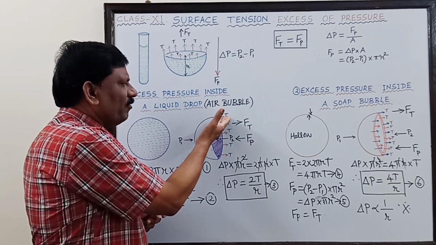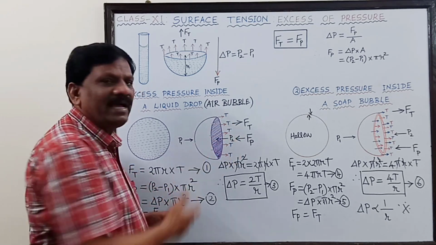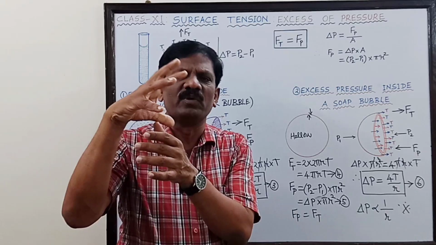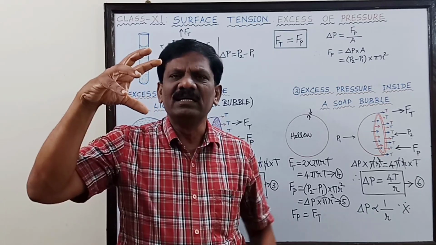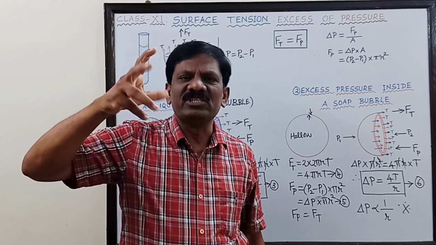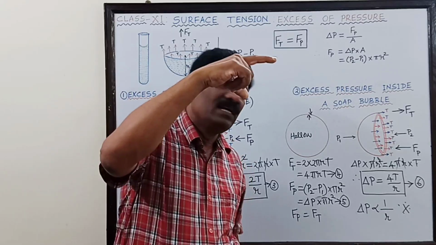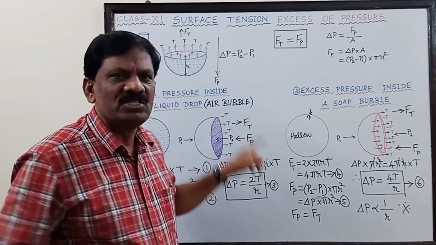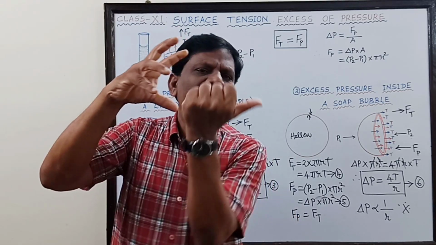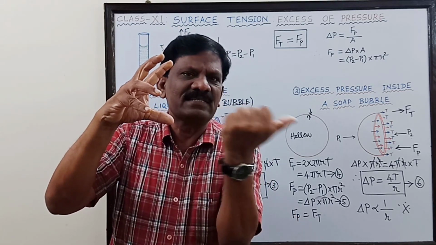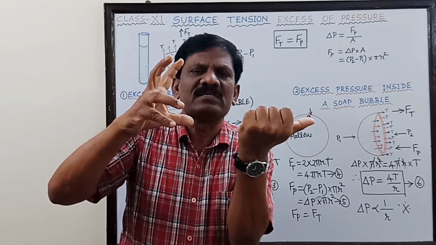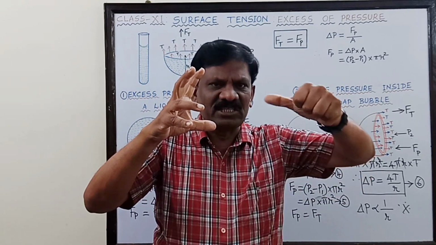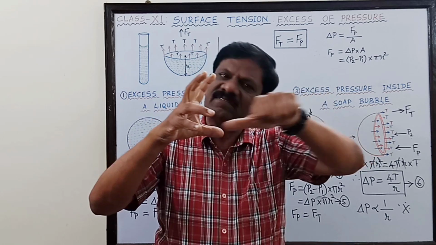So now the force due to surface tension is going to act all along the outer surface, tangential to the outer surface, like this. And the net force due to surface tension in this picture is shown towards the right side. So Ft is the force due to surface tension which is going to act towards the positive x-axis. To compensate this force, a pressure difference is created and the force due to pressure difference must act towards the left side.